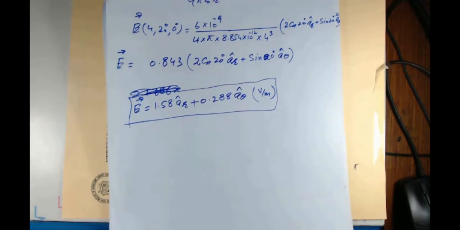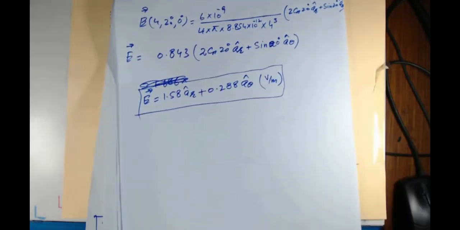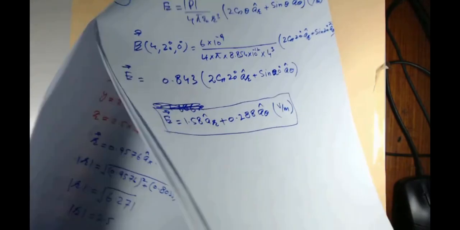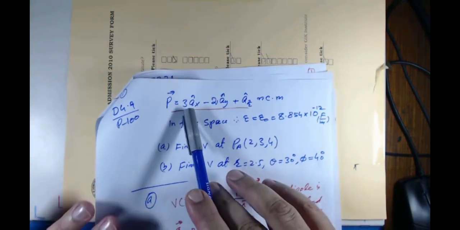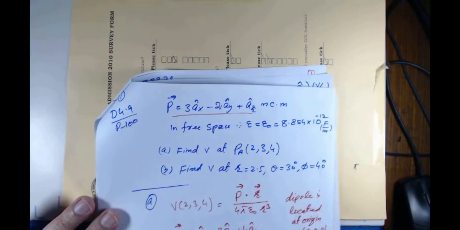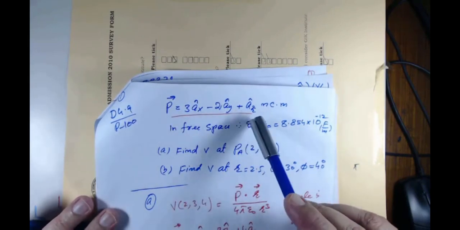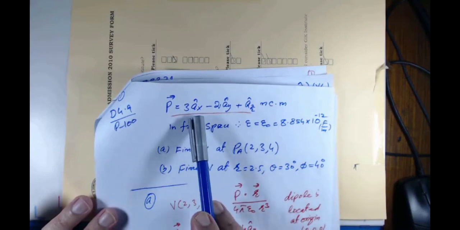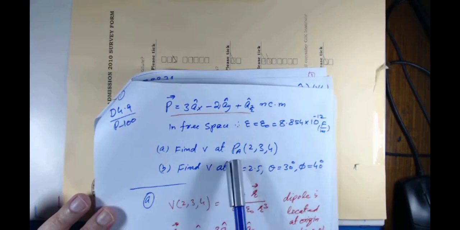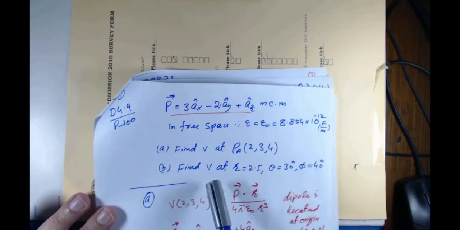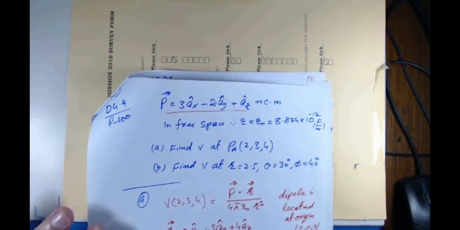obtain the electric field for the electric dipole at the origin, with the dipole moment of D4.9. I wish that you should obtain the expression for the electric field for these points, for parts A and B, and submit that problem on Wednesday next week.